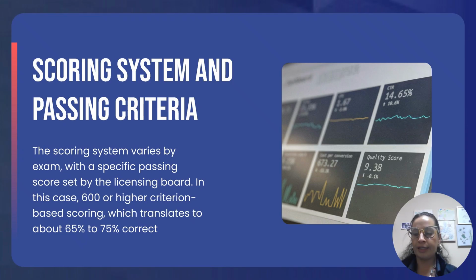But again, it's out of 140 because only 140 are scored. And usually, if you're taking like a mock or something, you need to get about 65 to 75% correct. Again, the easier exam, maybe you need to go more towards the 75. The harder exam, maybe you need to go more towards the 65.